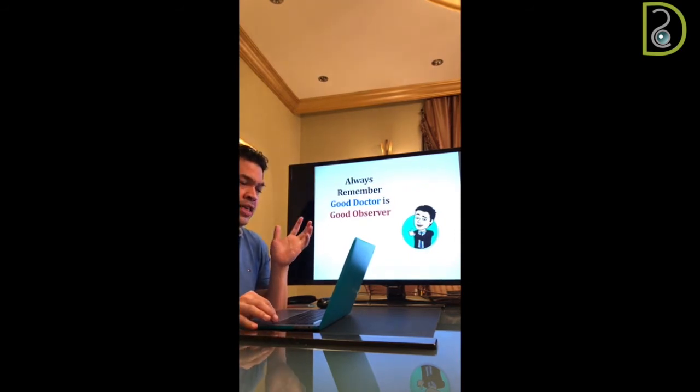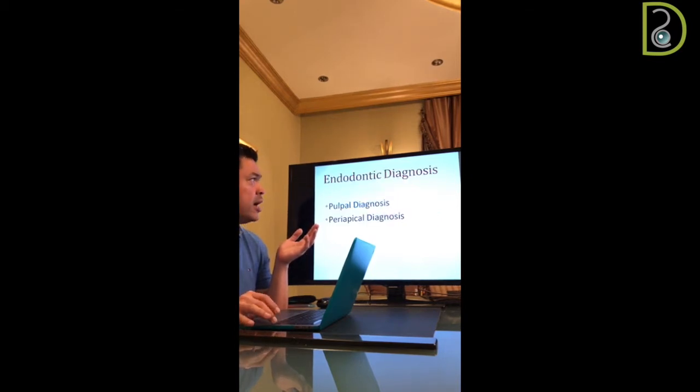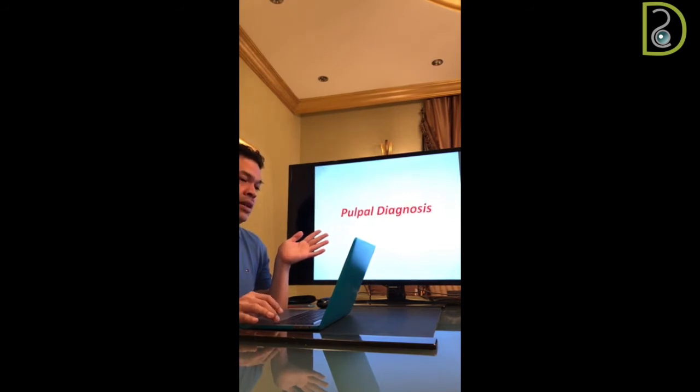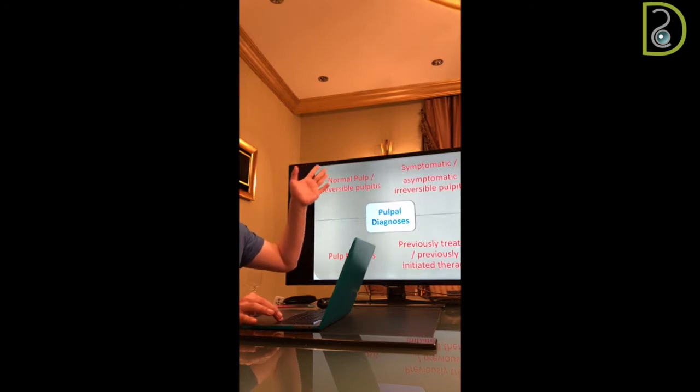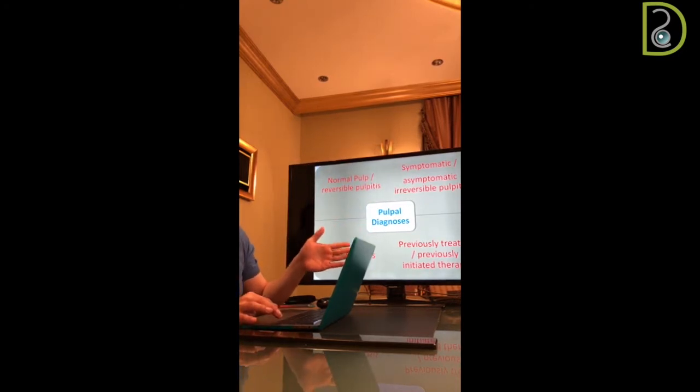Now we have finished all the steps regarding examination and X-ray or PA examination of our dental cases. Let us go to our diagnosis. As you know, we have pulpal and we have apical. For the pulpal we have seven.